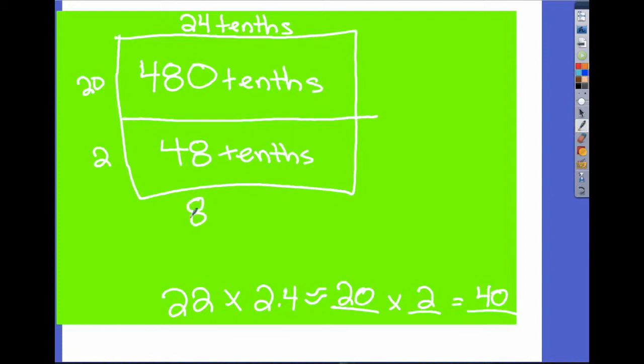Okay, so I'm going to add them together. But I don't want to keep it as tenths. So my answer is 528 tenths, but I don't want it to say 528 tenths. I want to be like a mature fifth grader and get rid of that word tenths and make it a decimal. So what does 528 tenths look like, Nathan? 5 and 100.